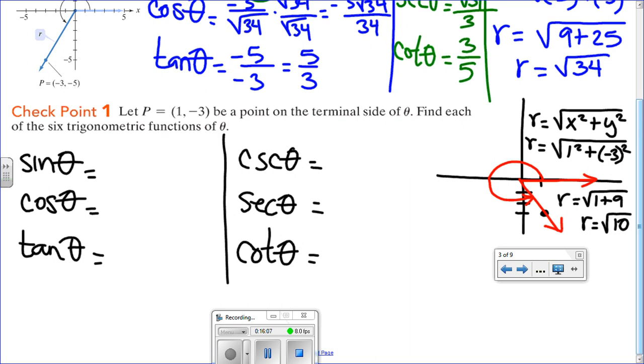Okay, so who's going to tell me? Okay, Andrew, what is the sine of theta? Negative 3 square root of 10 over 10. Okay, so let's do this. If you guys give me the rationalized form, let's do this, Julio.